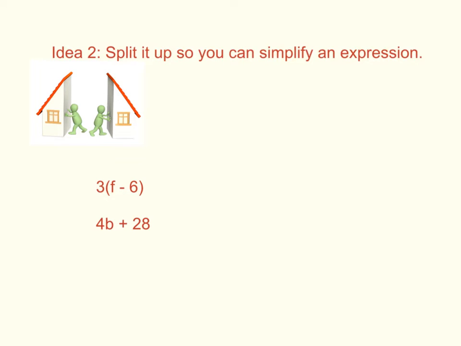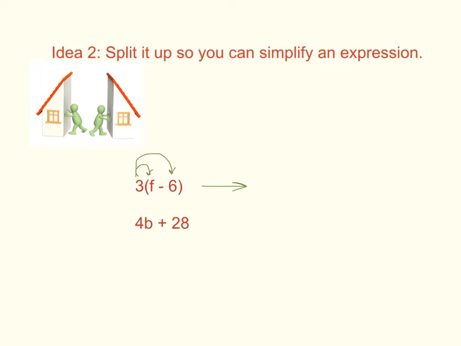My first expression, 3 times f minus 6, can be rewritten so that I have multiplied what's outside the parentheses by both of the items inside the parentheses.